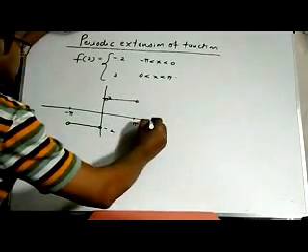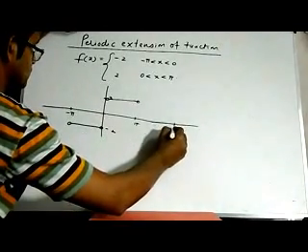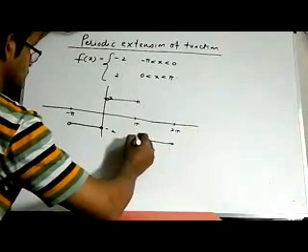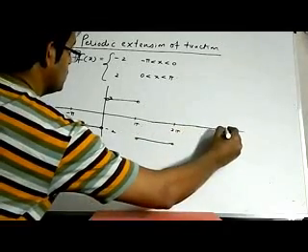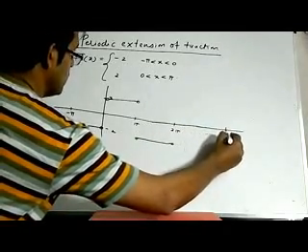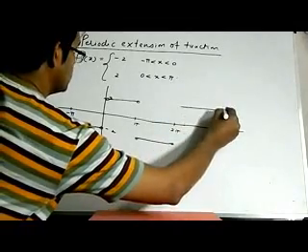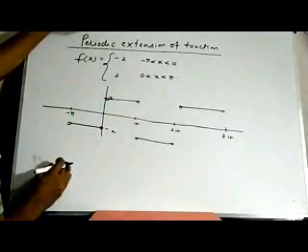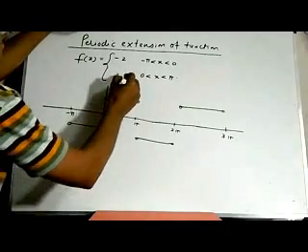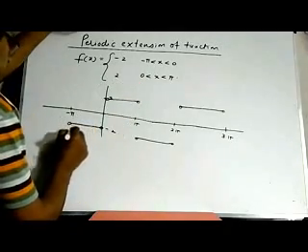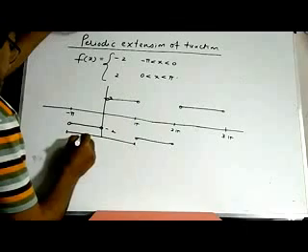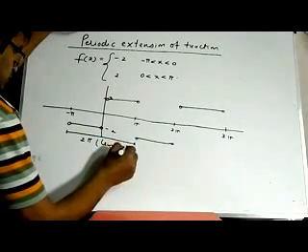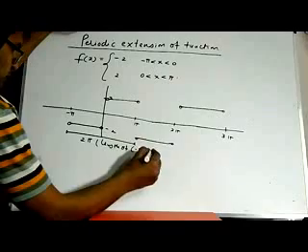Between pi to 2 pi, this graph will be somewhat like that, and between 2 pi to 3 pi, this graph will be somewhat like that. So it is nothing but the periodic extension of the function, and the length of this interval is 2 pi, that is length of minus pi to pi.